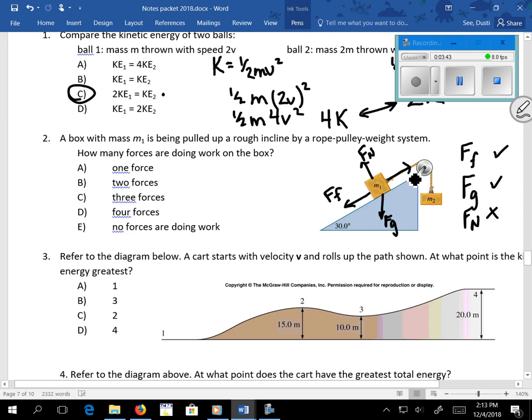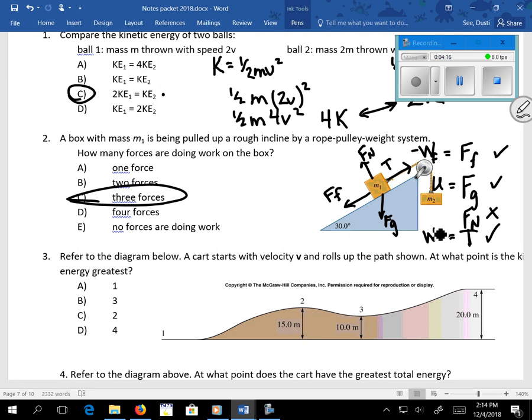And then we have my T value, and the T does do work. So I have 3 forces that do work on that particular picture. Friction would do negative work, the weight would do potential energy work, and the tension would do work as well, because we could do the tension times the displacement. So all of those would be work values.